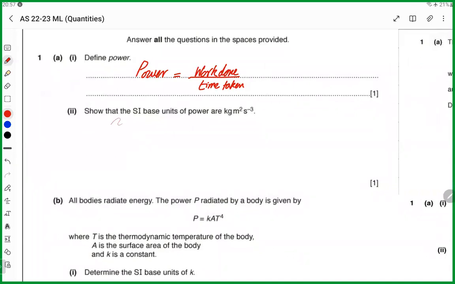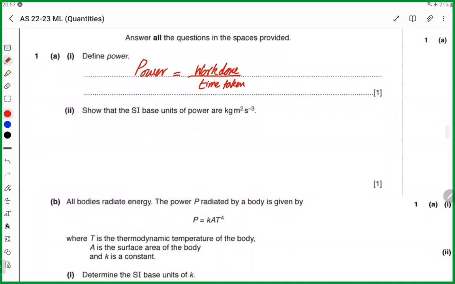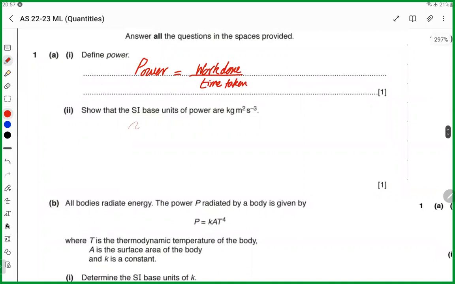Show that the SI base unit of power is this. So power equals work done, which is force multiplied by distance, divided by time. I asked you to remember the SI base unit for force, and even if you don't remember it, you know that F equals ma, mass times acceleration.